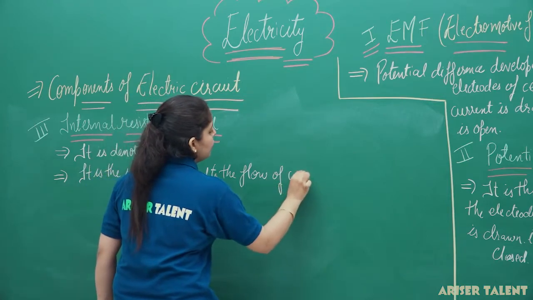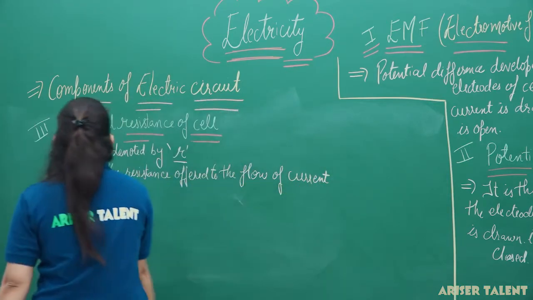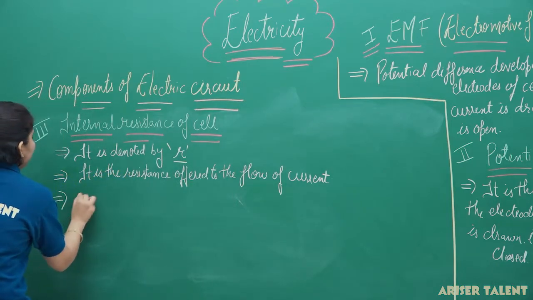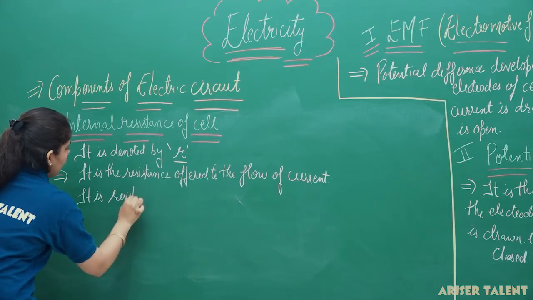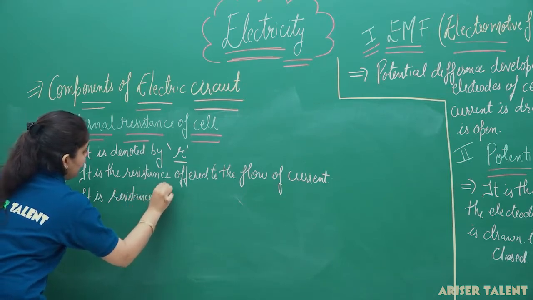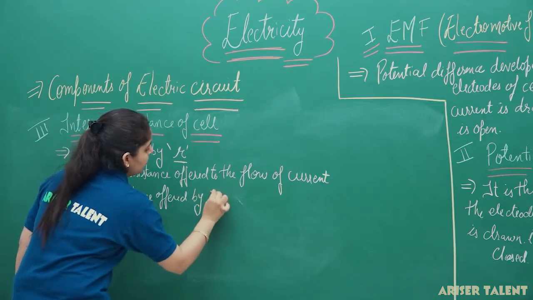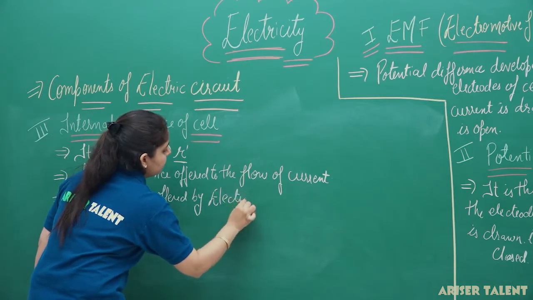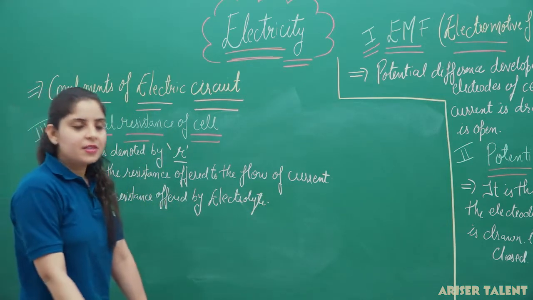So, it is actually the resistance offered to the flow of current, and it is the resistance offered by the electrolyte. So that is called the internal resistance of the cell.